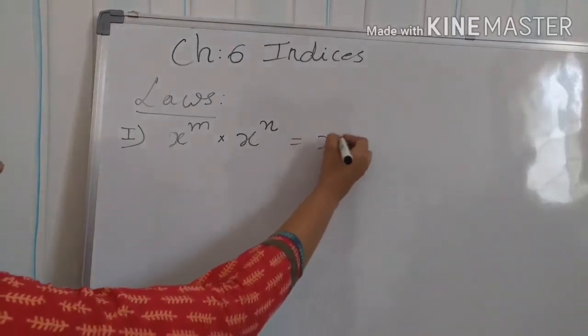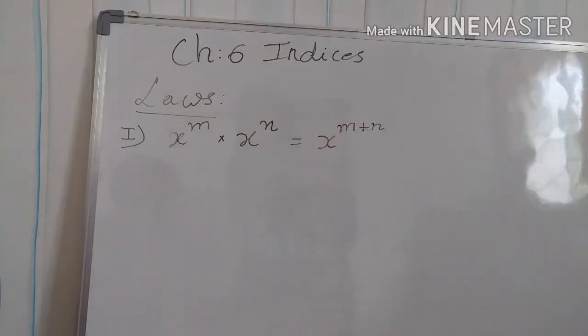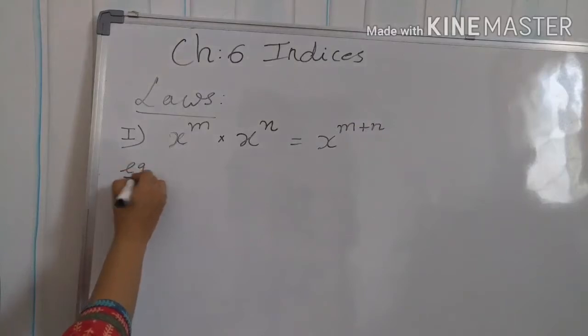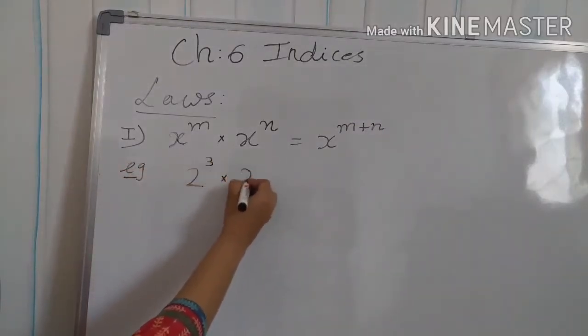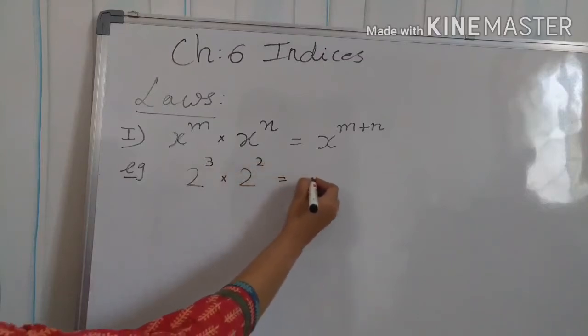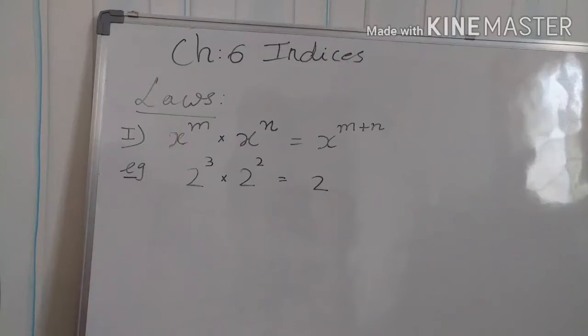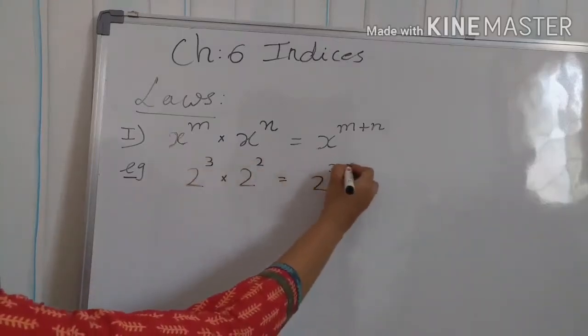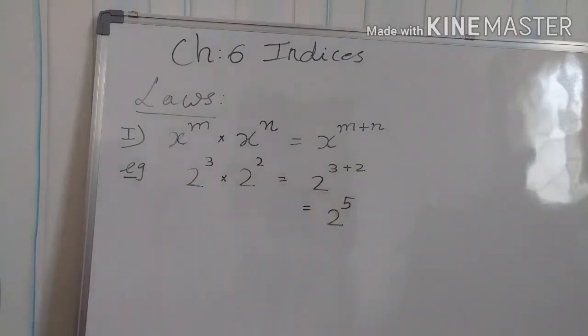So we can add the powers: x raised to m plus n. Here is one example. Suppose 2 cube into 2 square. The base is similar and in between there is a multiply sign, so I will add the powers, 3 plus 2. So 2 raised to 5.